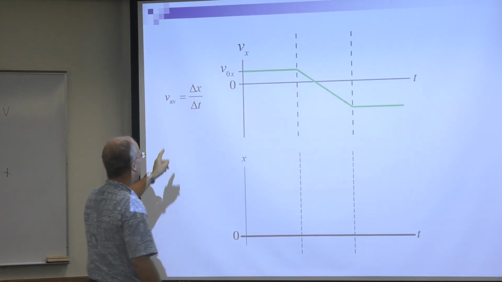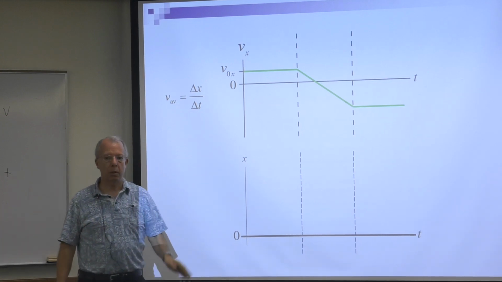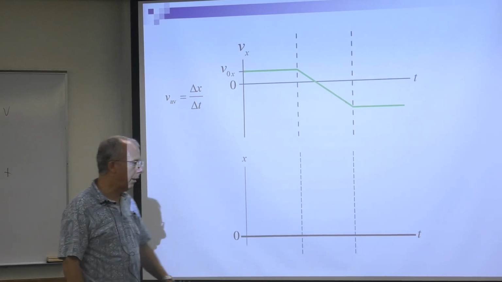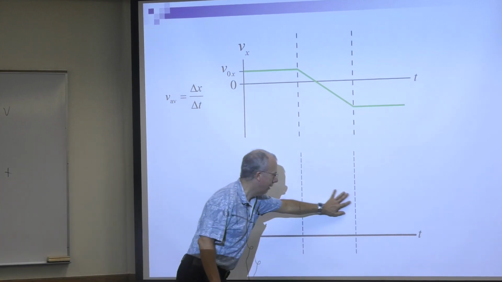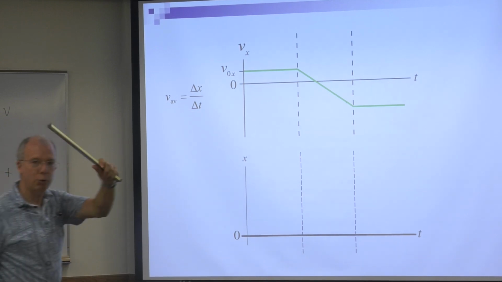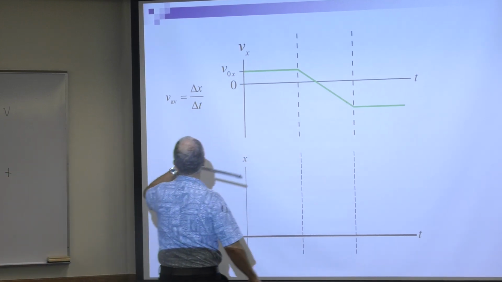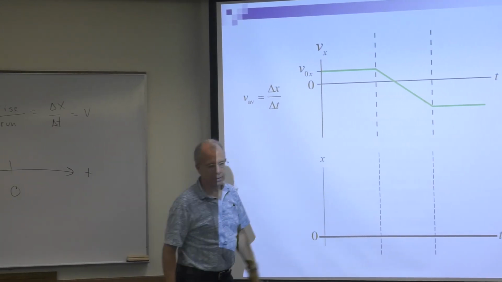Now I'm showing you the velocity versus time, and I want you to draw the position versus time. So pause your video and figure that out. And it's not easy, especially here. So think carefully and, you know, use your ruler, right? Think of slopes, okay? Use this equation and think of slopes.